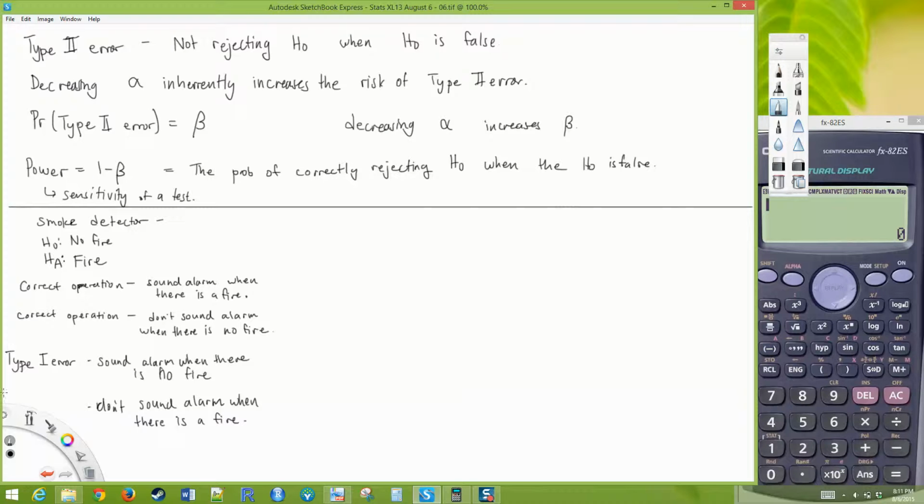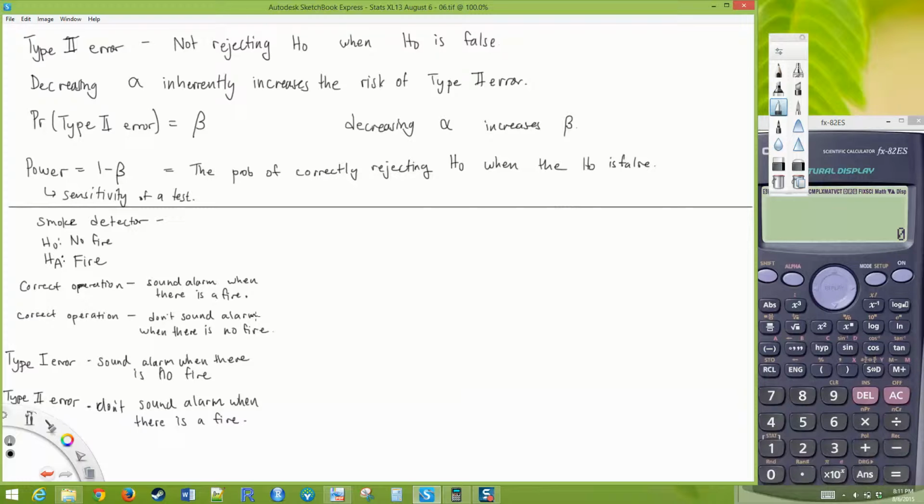And the type 2 error is the other situation where the reality is that there is a fire, but the smoke detector concludes there is no fire, and that's also a bad thing, okay?